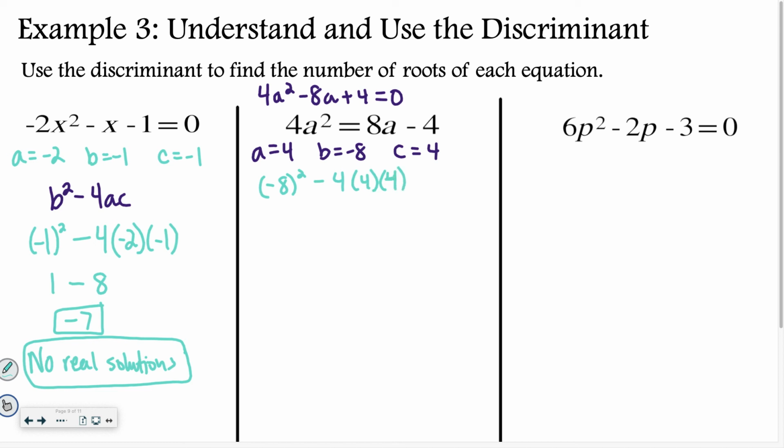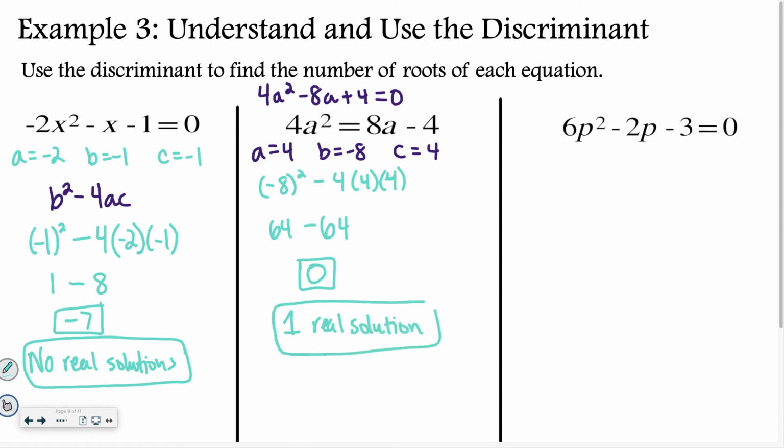That's a lot of 4s. Okay, negative 8 squared is 64 minus, and then 4 times 4 times 4 is 64. So 64 minus 64 is 0. And when the discriminant equals 0, we have one real solution. Okay, so the number of solutions is 1 and the discriminant is 0.